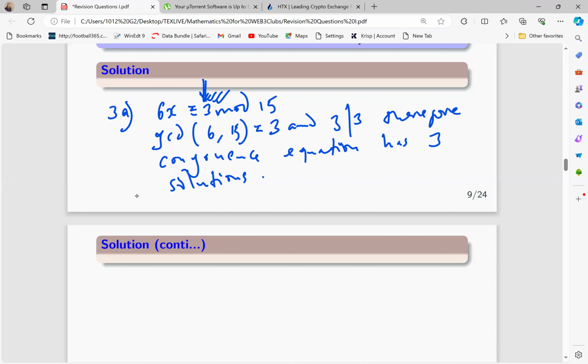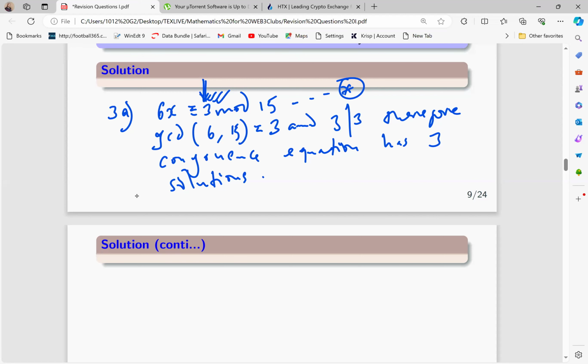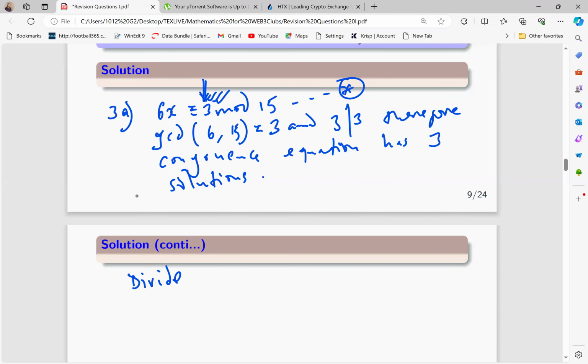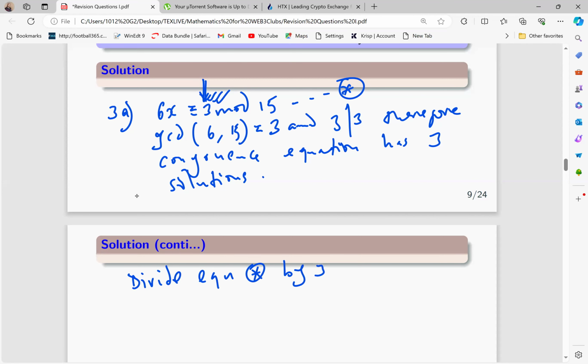Now, since 3 was common, we divide the entire equation, and let me call it equation x, by 3, because 3 was common. So divide equation x by 3. When you do that, what do you obtain?